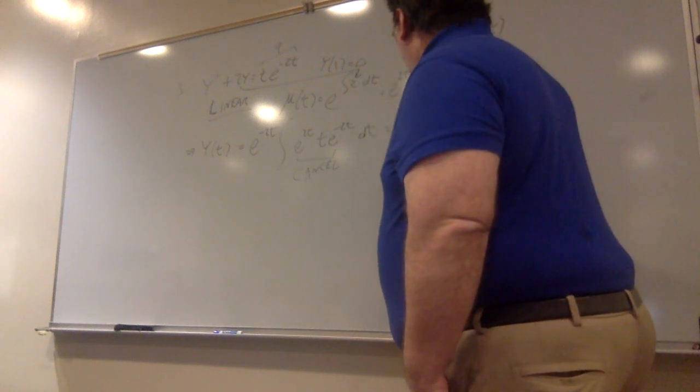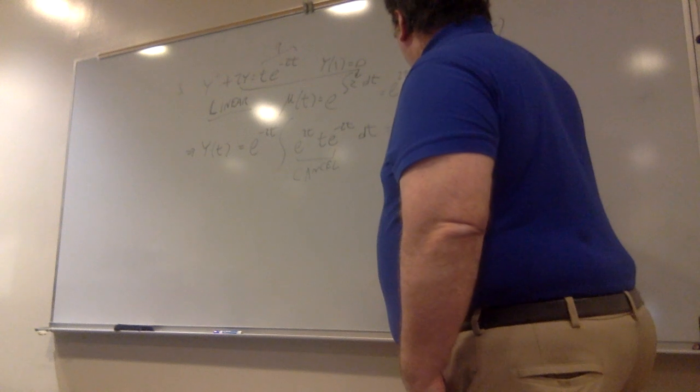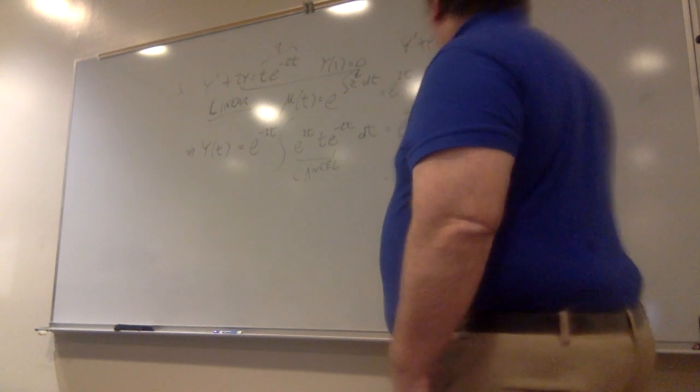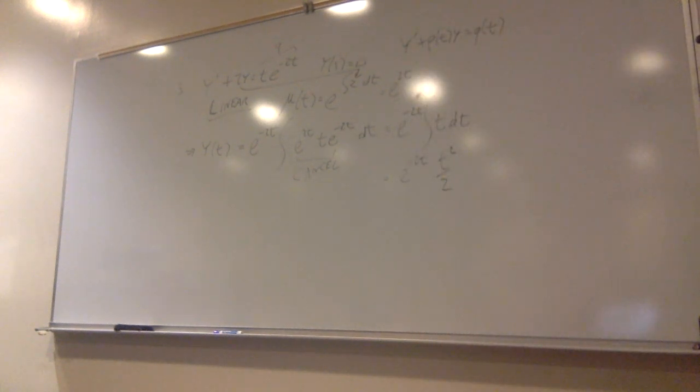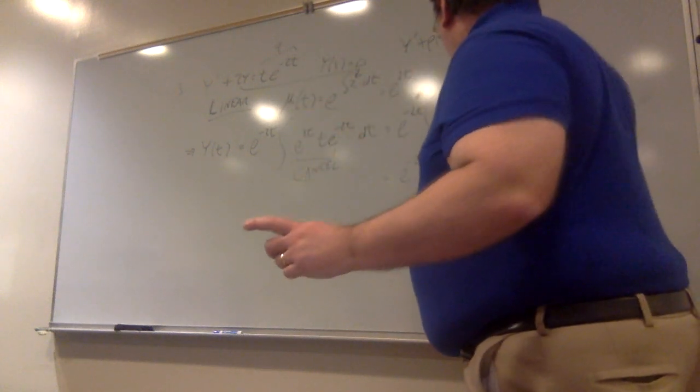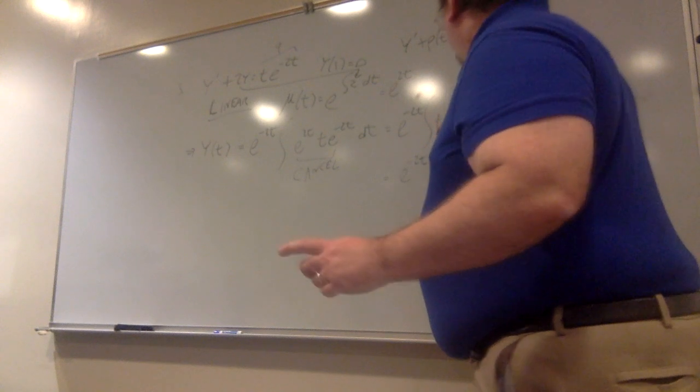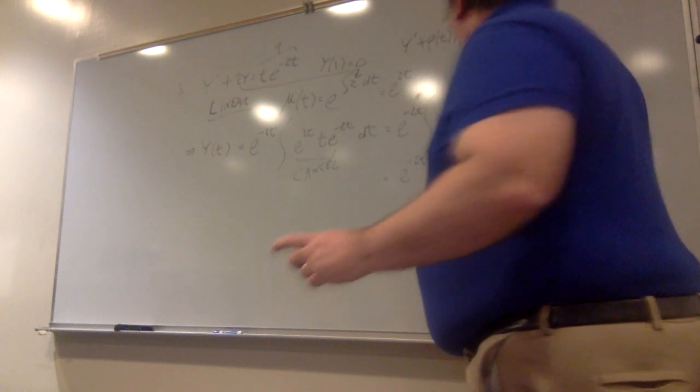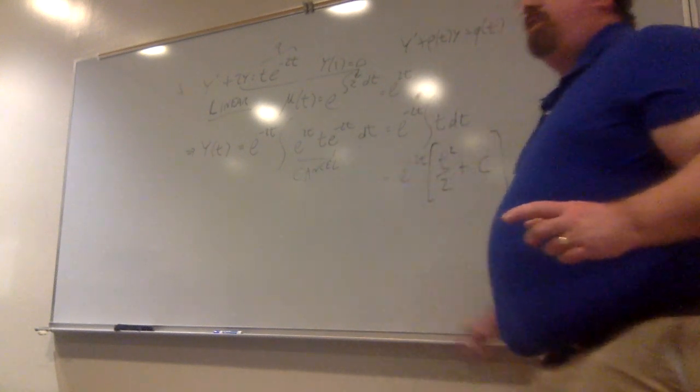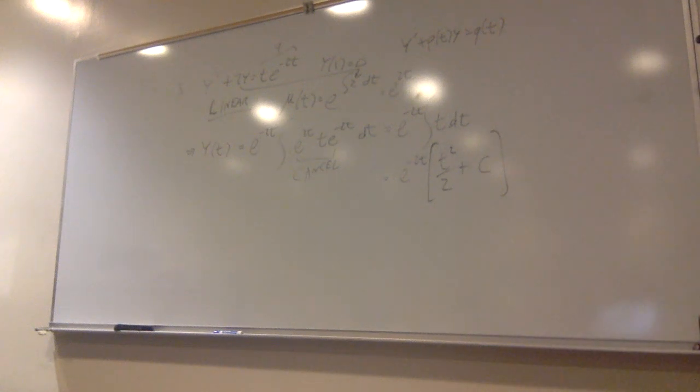Okay, and if you got this far, pretty much everybody would integrate to t squared over 2, and what am I supposed to throw in there? Plus c. And this is what really doubled my gray hairs. All of that, including the plus c, is multiplied by the e to the minus 2t.